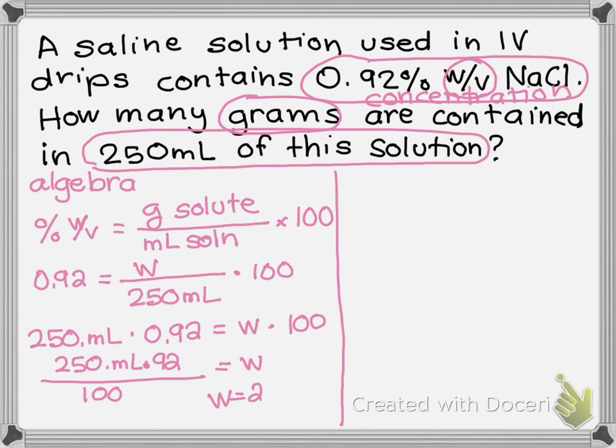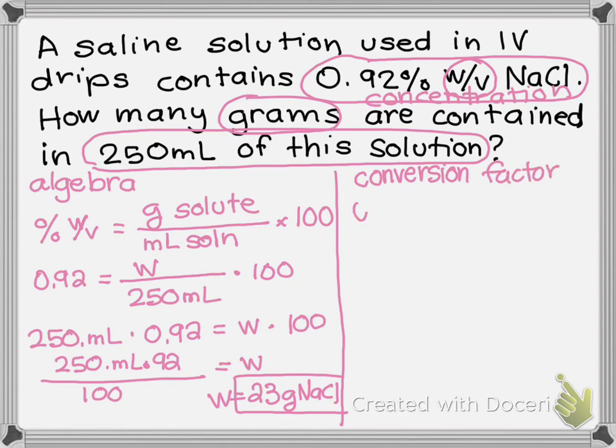So it's 23 grams of sodium chloride. So in a saline drip, if you had 250 milliliters of that solution, that would contain 23 grams of sodium chloride. Now I could set up the same problem so you can see using concentration as a conversion factor.